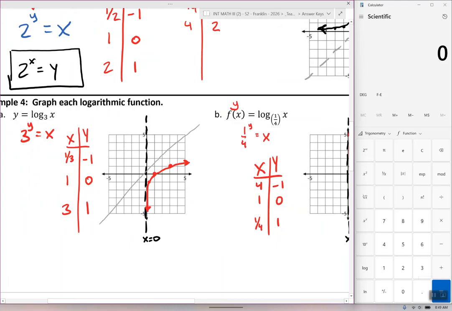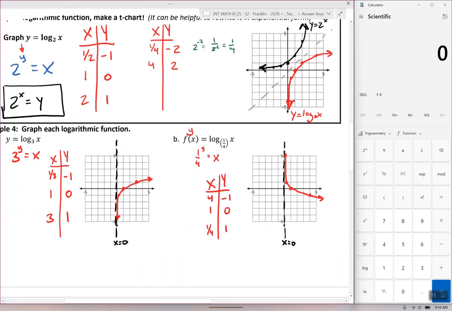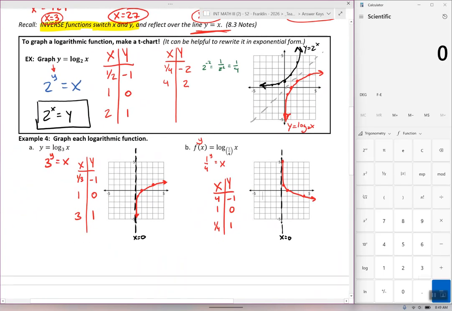If we drew that reflection line, that makes a little more sense because it doesn't cross it. This one crosses that reflection line, so it looks a little something like that. But either way, it's not really necessary to consider those inverse functions as you graph these. Just remember you have to use your y value as the input when you make your chart.